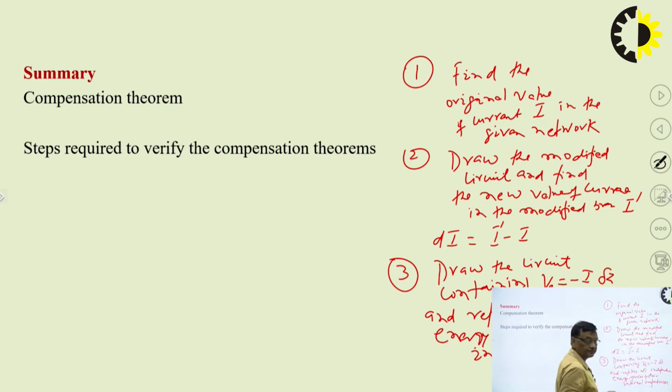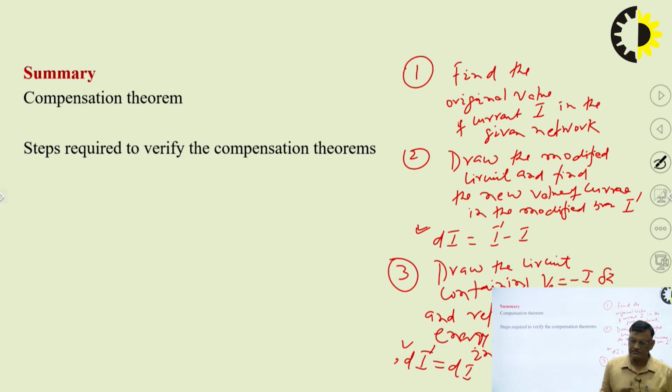Then find the value of delta I. If this delta I and the earlier delta I are equal, then the theorem is verified. So, there are 3 steps.